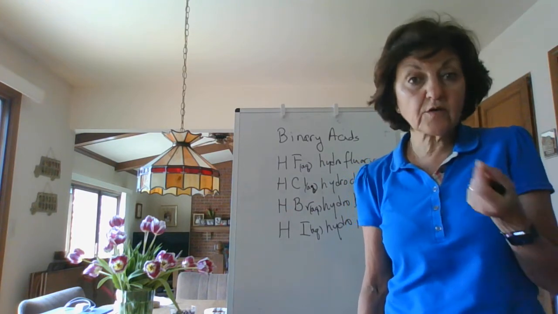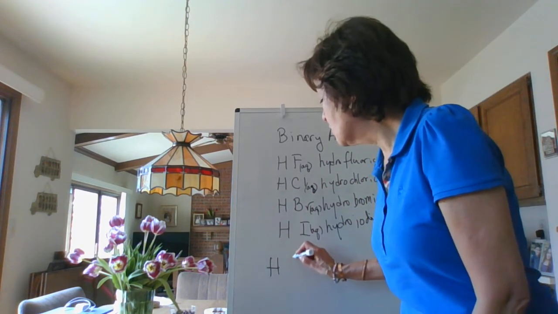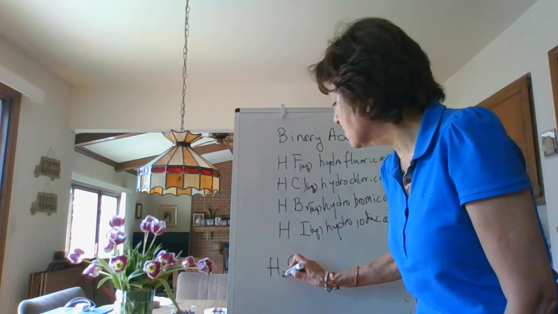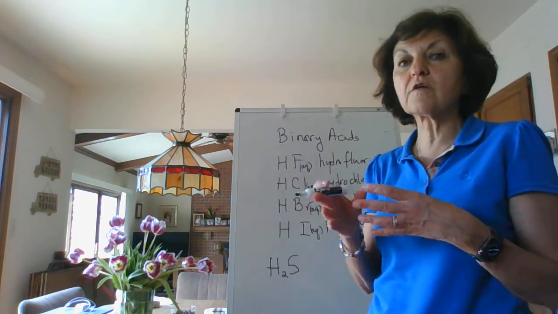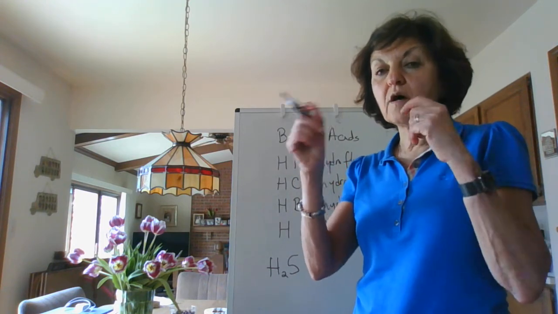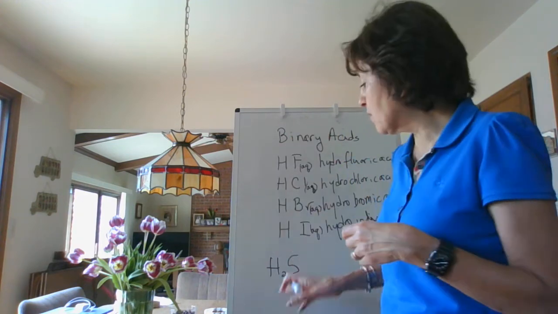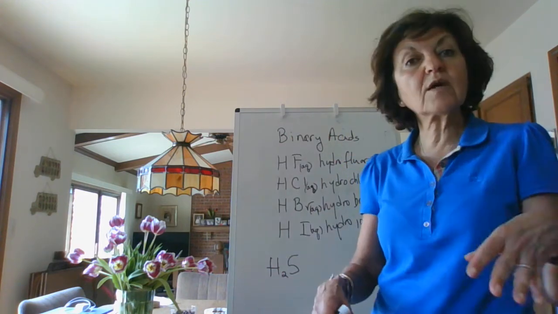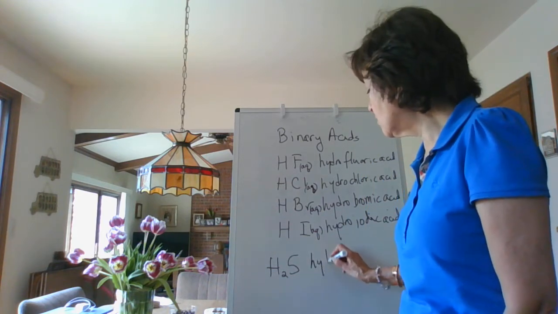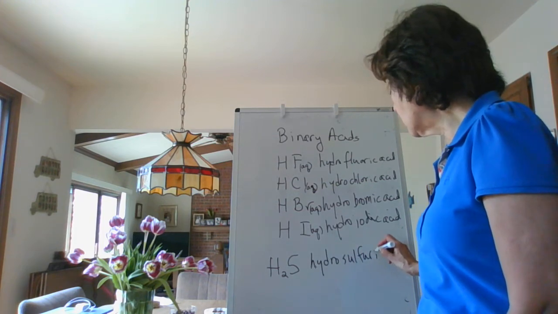Are there other binary acids? Yes. Let's say you put this with a sulfur. Well, sulfur is going to need 2 hydrogens. When you think of the Lewis dot structure of sulfur, it has 2 electrons that aren't paired up, so you have to pair them up with 2 hydrogens. Anyway, sulfur would be hydrosulfuric acid, not sulfuric, hydrosulfuric.